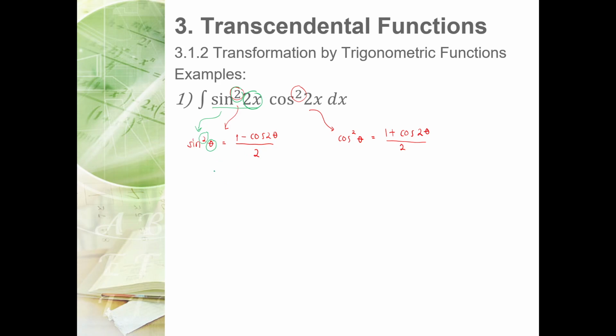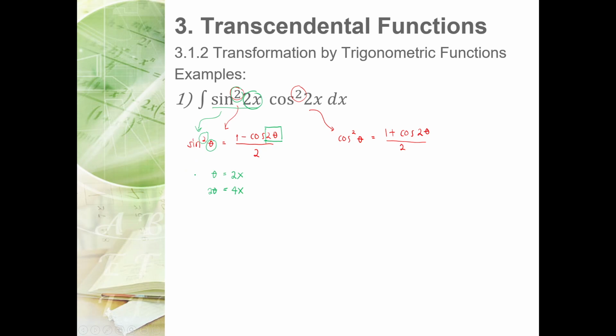So our theta is equal to 2x. Notice here we have a 2 theta in the counterpart of the half angle identity, so 2 theta is equal to 4x. That's the same as the other variants with theta over 2.